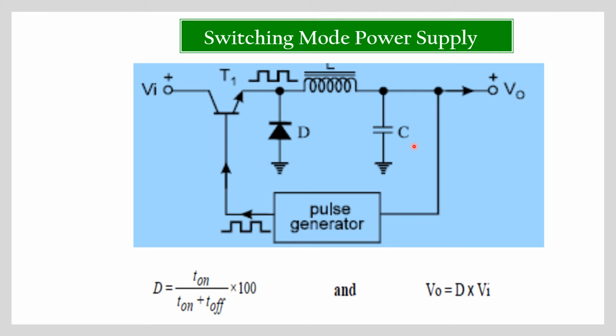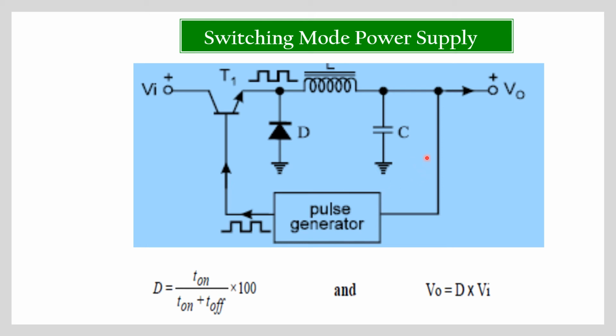So here we have three types of switching regulator: buck SMPS, boost SMPS, and DC transformer SMPS. So there are three types of SMPS. This is the switching mode power supply circuit. Okay, this is a highly sophisticated power supply circuit.